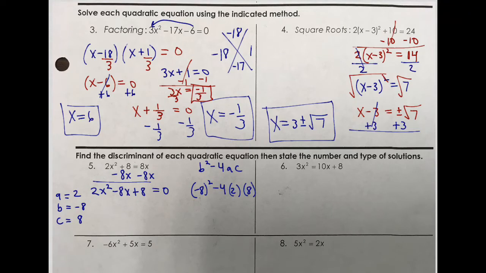Then we just punch that all in the calculator. All right, and that is equal to 0. And the directions are saying, then state the number and type of solutions. And when it's equal to 0, that means we have 1 real.